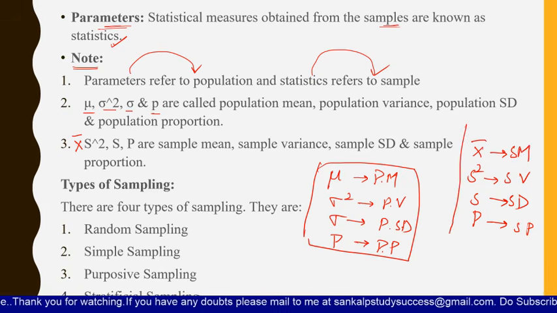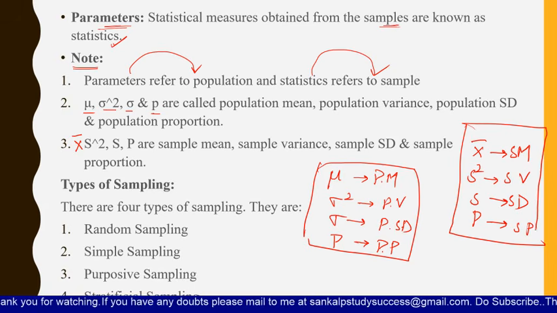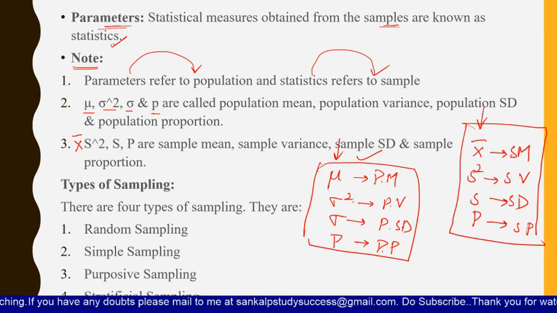So these are related to the sample and those are related to the population. Population mean is denoted by mu, population variance by sigma square, population standard deviation by sigma, and population proportion by small p. Sample mean is denoted by X bar, sample variance by S square, sample standard deviation by S, and sample proportion by capital P.